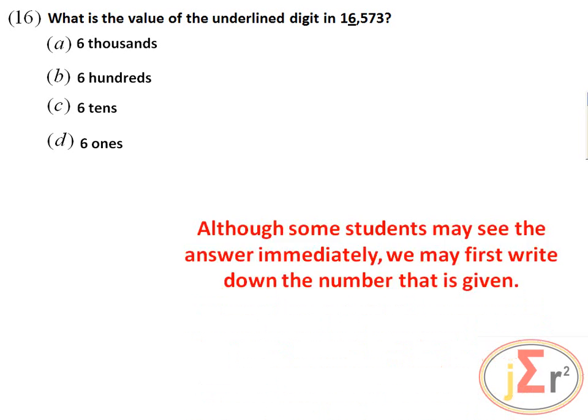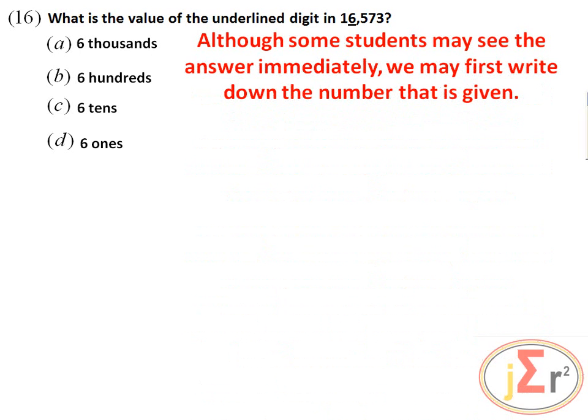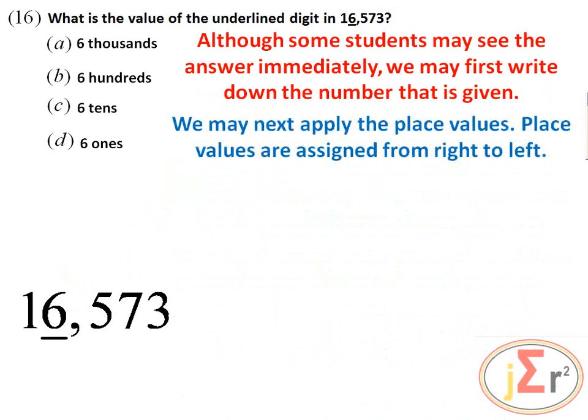That's right. Although some students may see the answer immediately like Jerry did just now, we may first write down the number that is given. We may next apply the place values. Place values are assigned from right to left.